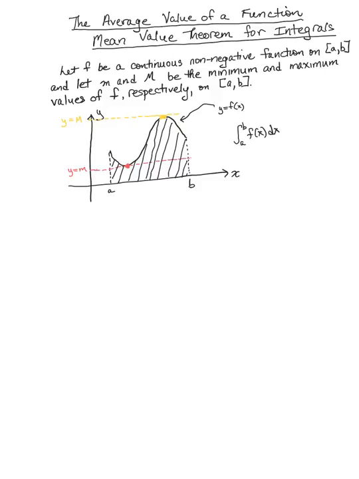Now, we're going to take a look at two rectangles. We're going to look at the rectangle formed by the minimum value. So let's take a look at this red rectangle.